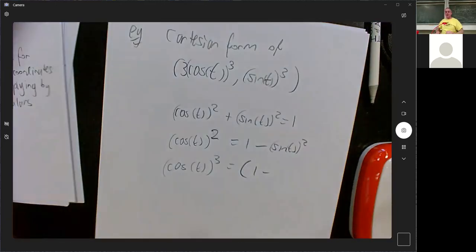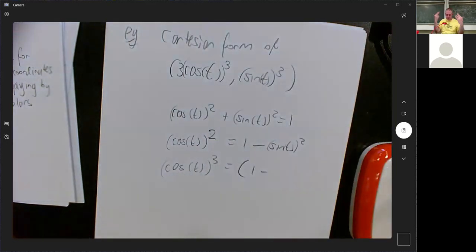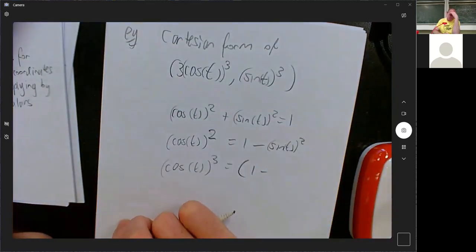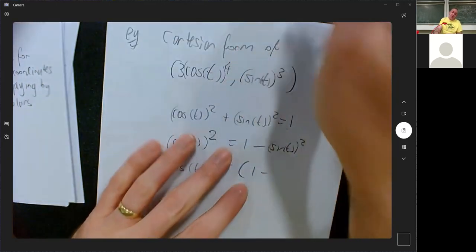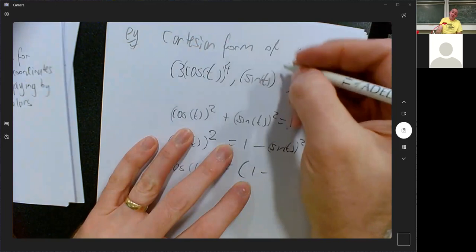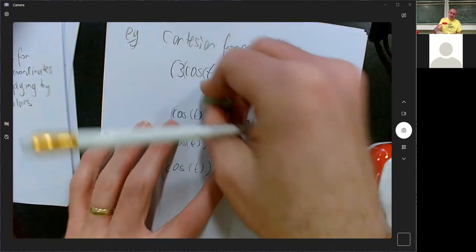I don't like making these examples up. Make it a 4. It would be really nice if you could change your exam question halfway through. That'd be great.